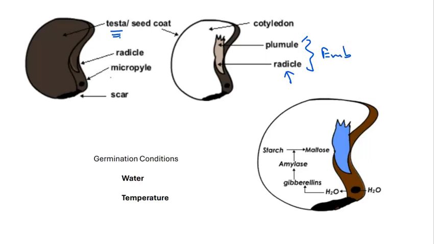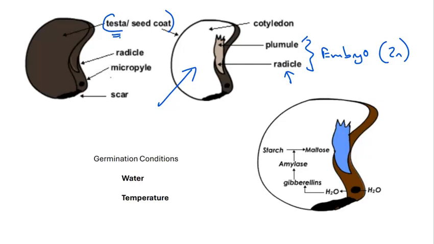So these together are the embryo resulting from that fertilization that created the diploid structure. The food stores are inside this seed coat, and the seed coat protects the seed as it's exposed to the environment and prior to germination.